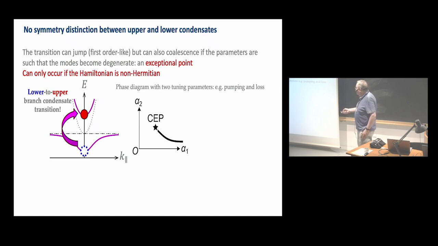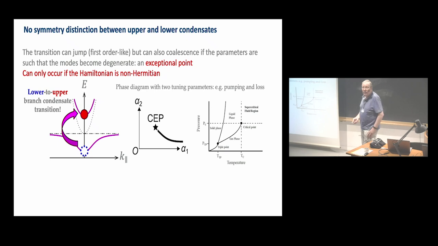you can imagine that if I have two tuning parameters, and I show you do have them, typically pumping, how hard do I pump the system, what's the loss, you could imagine going from here to here discontinuously, but because there's no symmetry change, you should be able to go around some point, which is down at the end of here, and that's a critical point.